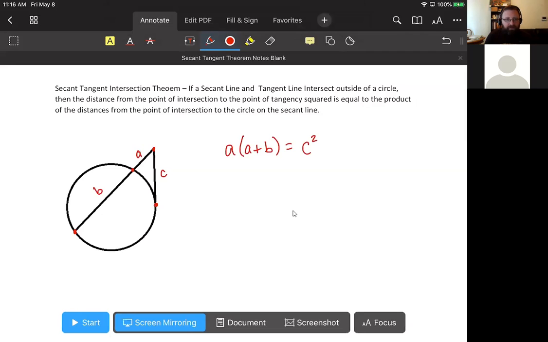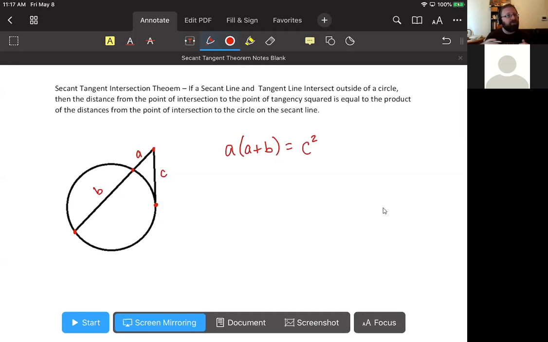So instead of A times A plus B equals C times C plus D, now we have A times A plus B equals C times C, or C squared. So it's still the same rule, more or less.